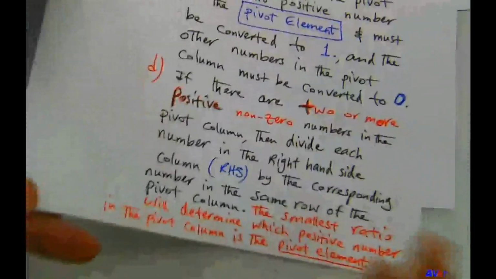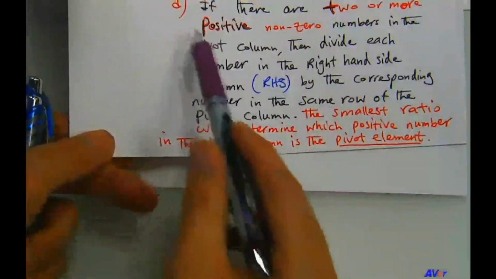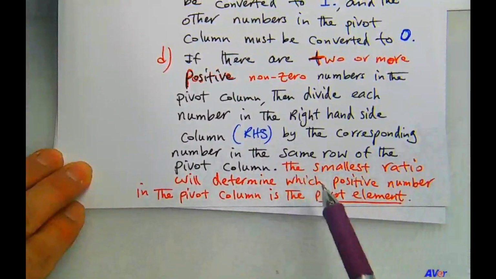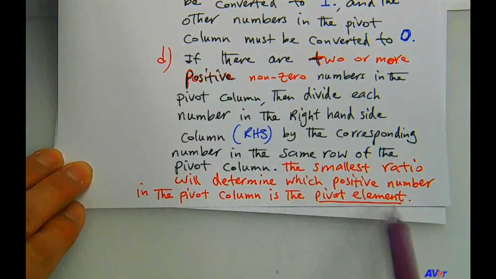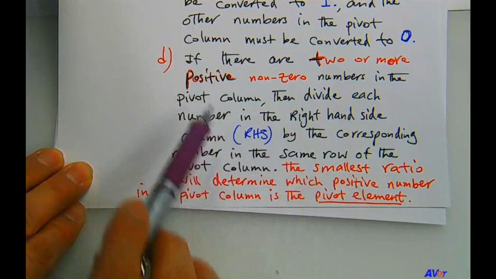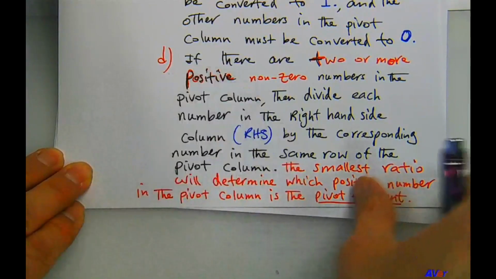So next, I'm going to do a note that is associated with this part D. On the next page, because I've run out of space here, there's going to be a note associated with part D.